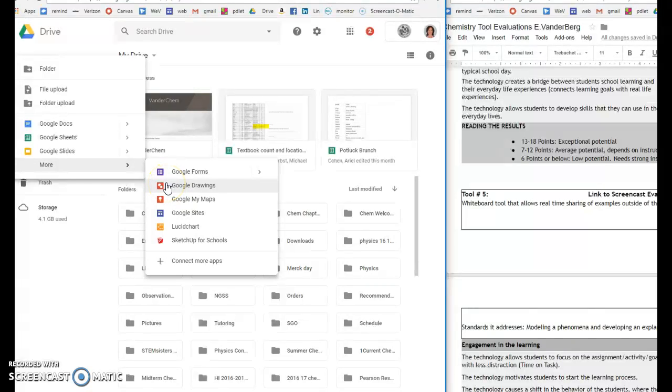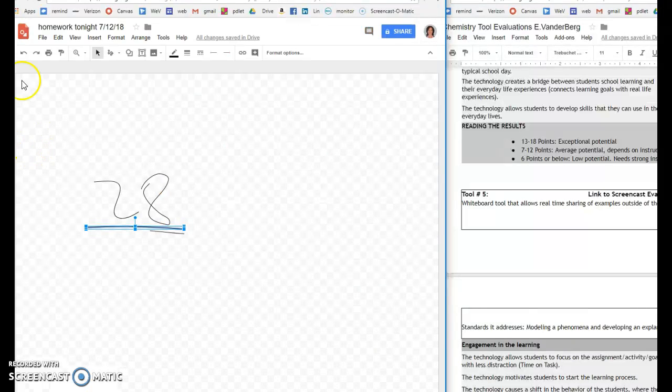I tried a Google drawing, and it is right here. I called it Homework Tonight, and I have tried to write with my mouse, although I'm working on a touch screen at home, and I have a pen also on my Surface.